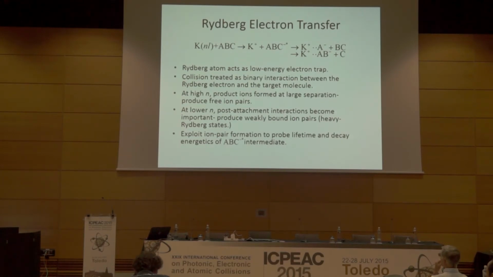Because these ions are so weakly bound, the distribution of ion pairs that remain bound will be influenced by the energy released upon dissociation of the intermediate. We can exploit this fact to learn about the decay energetics of the intermediate and their lifetimes by collecting velocity distributions of the ion pairs that remain bound.